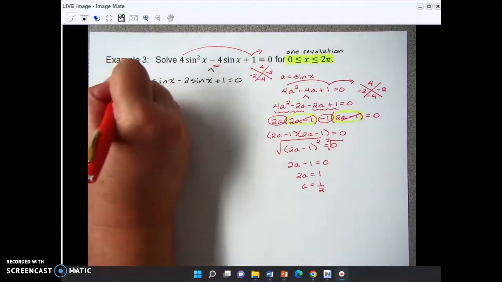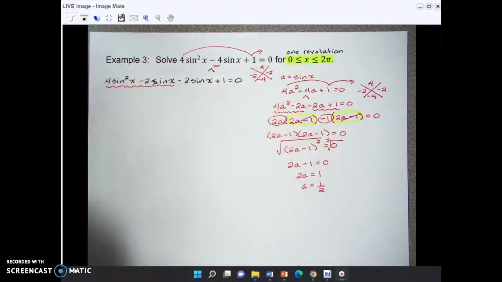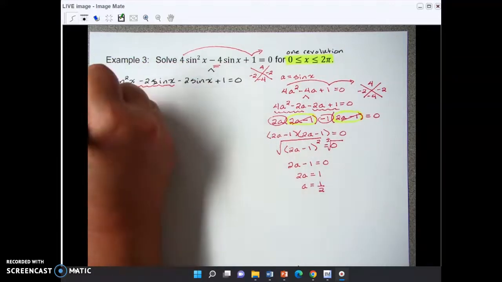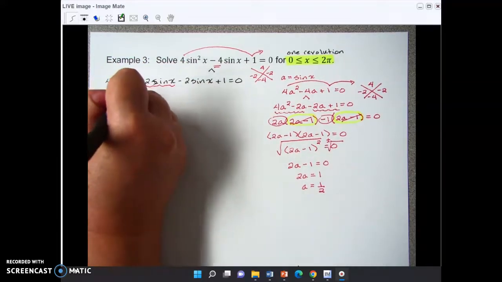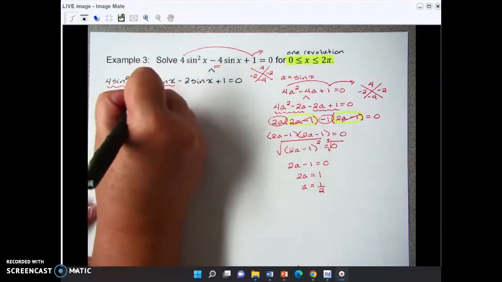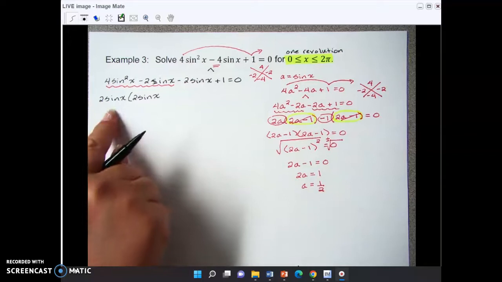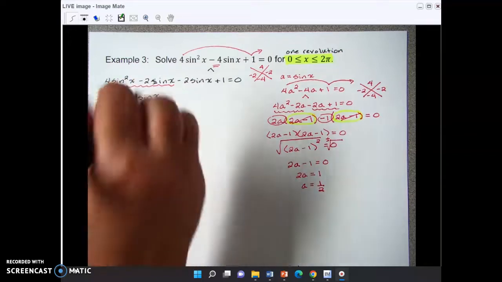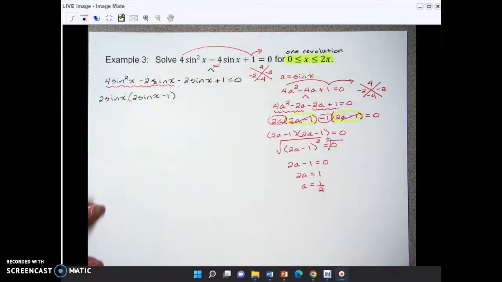So then if I group these two together, they have a 2 and a sine of x in common. So 2 sine x times 2 sine x gives me that first term. And 2 sine x times negative 1 gives me negative 2 sine of x.